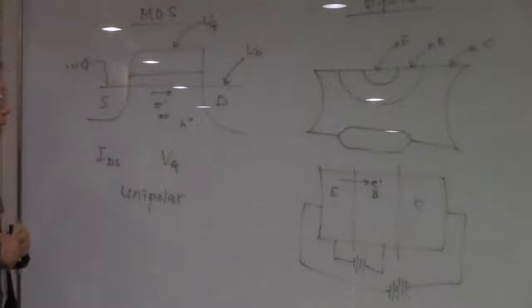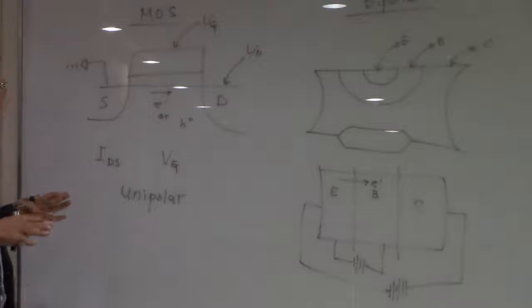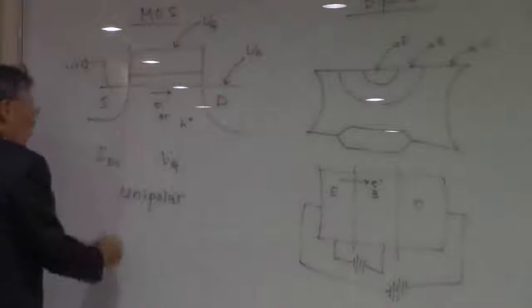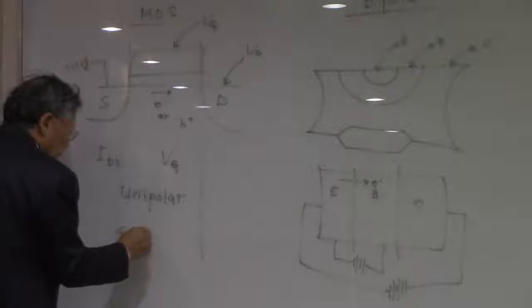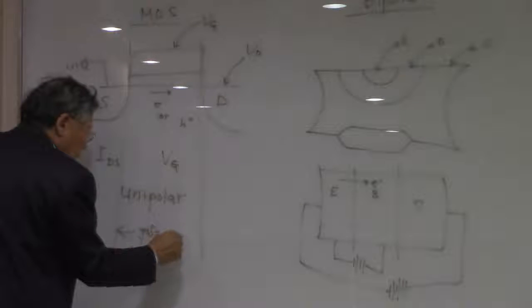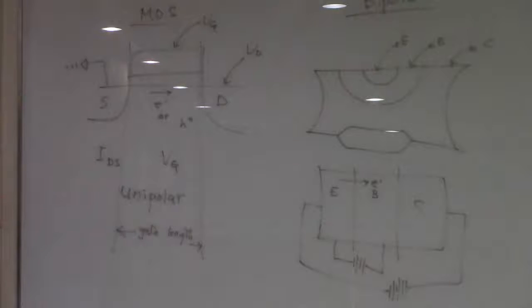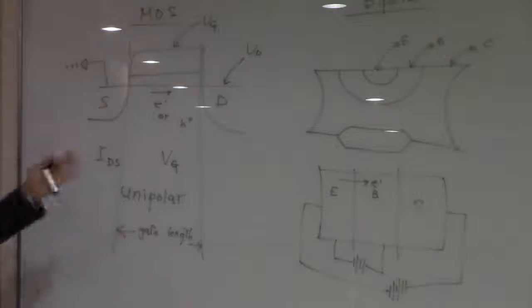And in terms of fabrication, the main feature in the MOS transistor is the length here, which we call the gate length. That is the key parameter for the fabrication technology levels. How small can we make it? That is the key thing for the fabrication engineers.